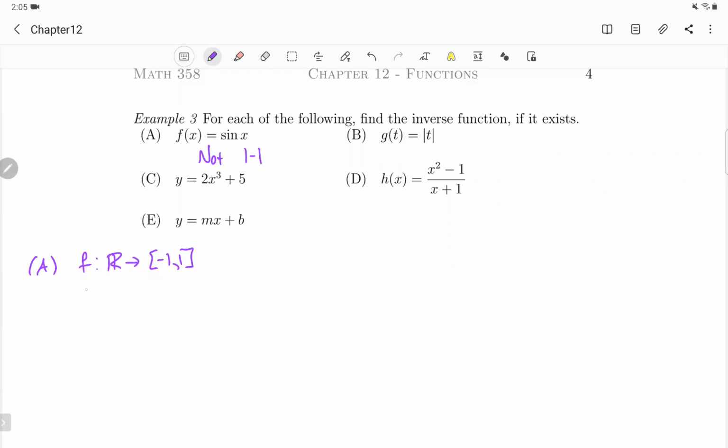But if I restrict it down to -pi/2 to pi/2, then it is one-to-one.